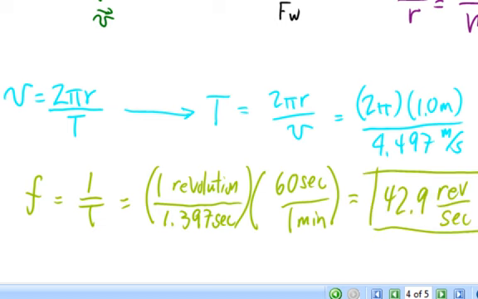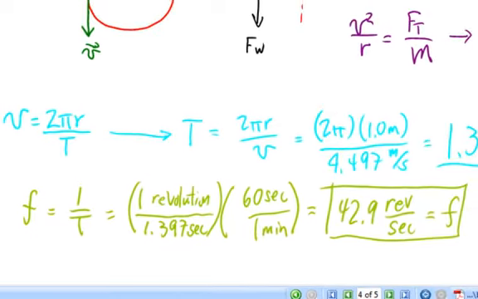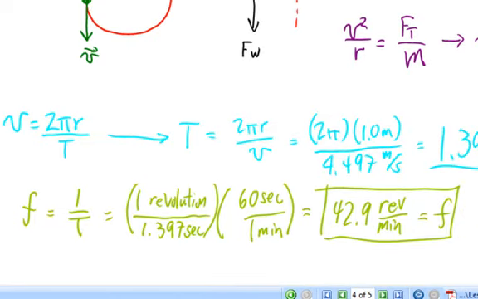And I find that this is just under 43 revolutions per minute. And you see I've changed my mistake. I find that there are just under 43 revolutions per minute. If I go faster than that, the string's going to break. If I go slower than that, then I should be okay. The string won't break.